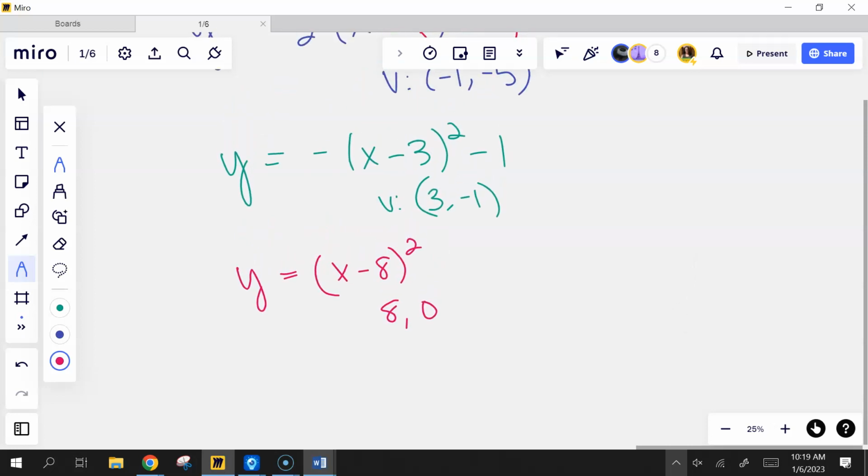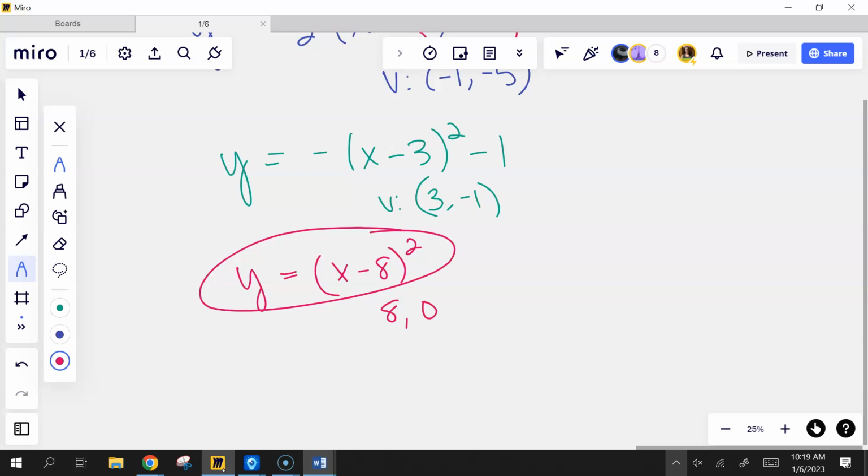How could I get this back in standard form, or could I get it back in standard form? It's already factored. You're gonna have to FOIL. Good job.